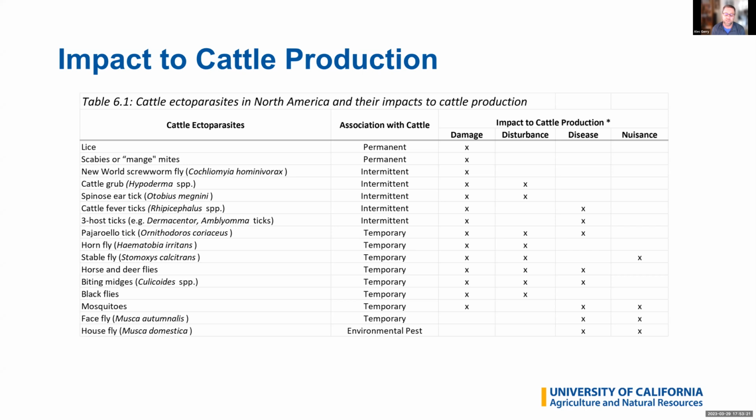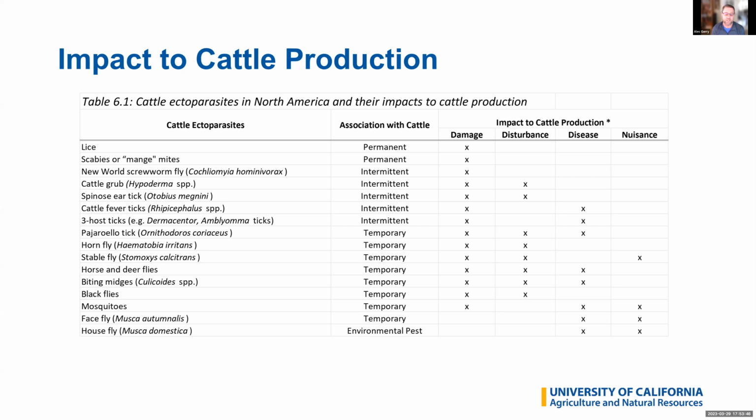And this particularly is, I think, useful to think about this association in this way when you're trying to identify which pests are most important to control for your facility or your operation. Those that cause damage or disturbance, or in some cases disease, if disease is known in your geographic region, might be more important to try to get a handle on.